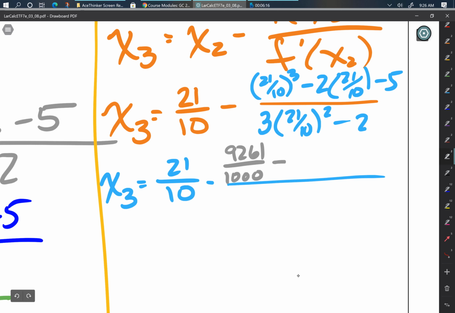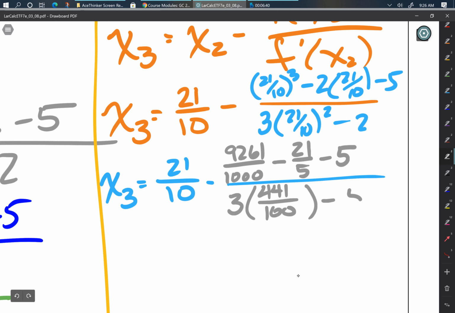Minus 2 times 21/10 is going to be 21 fifths minus 5 over 3 times 21 squared is 441 over 100 minus 2.